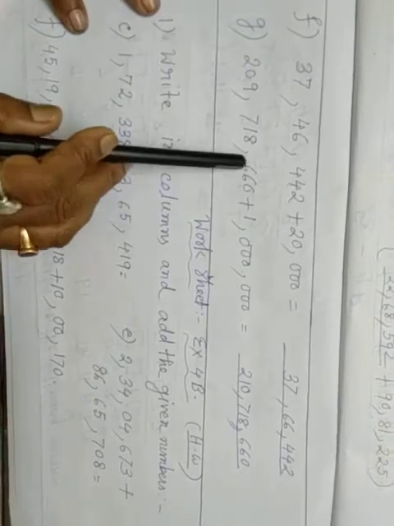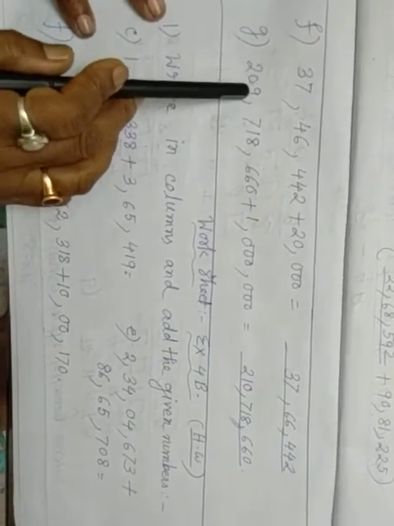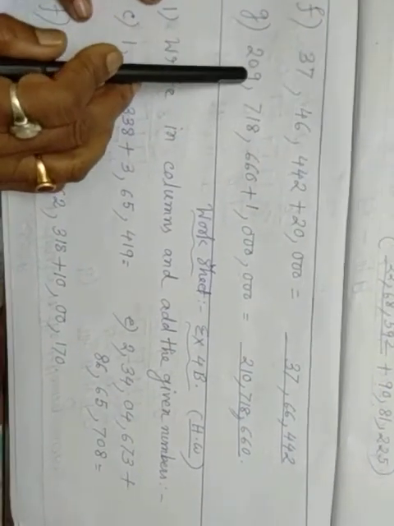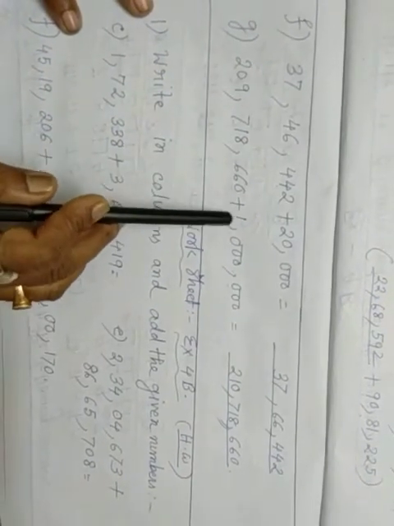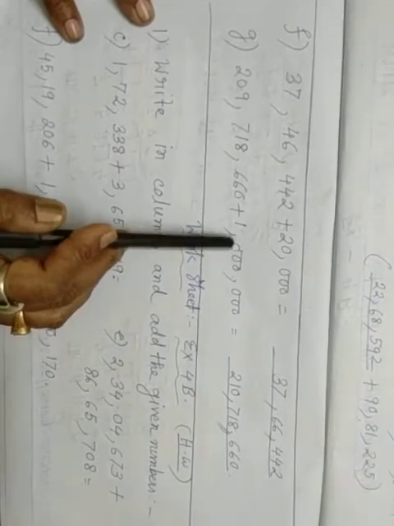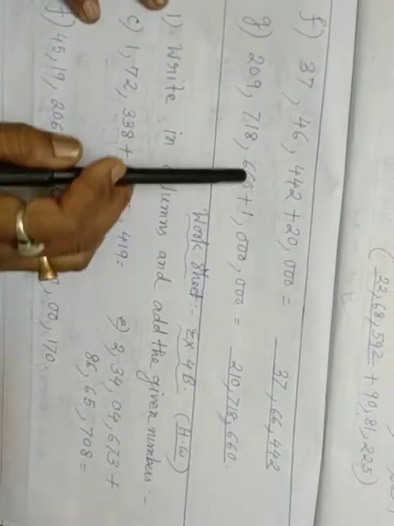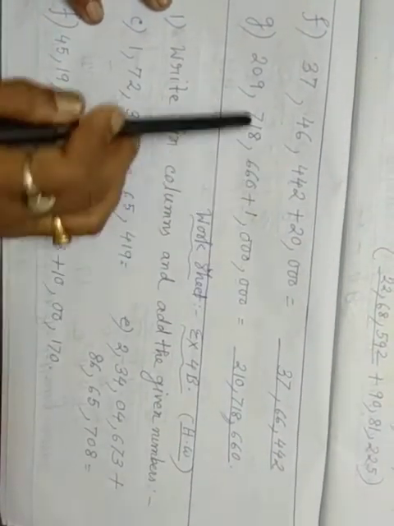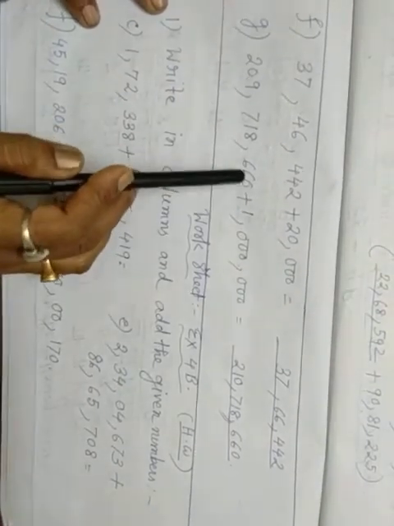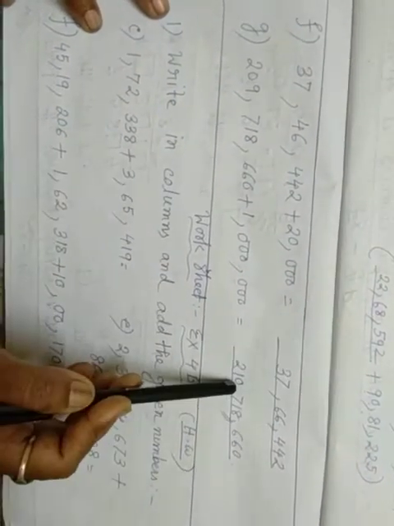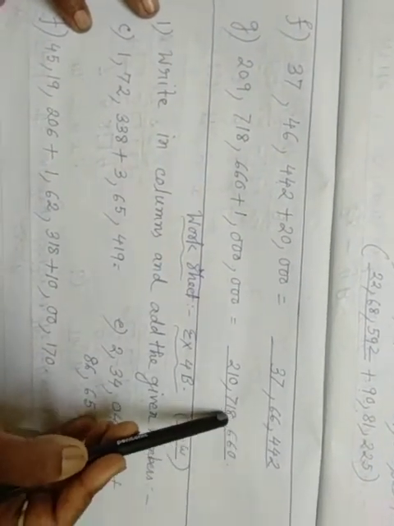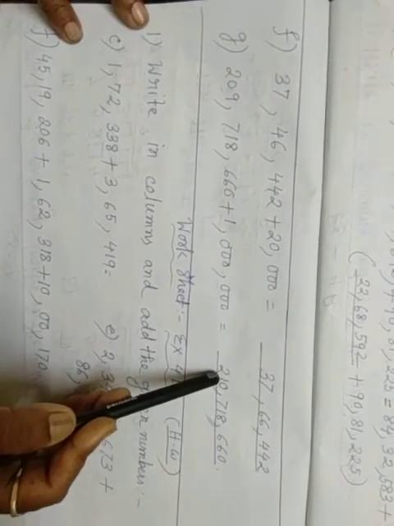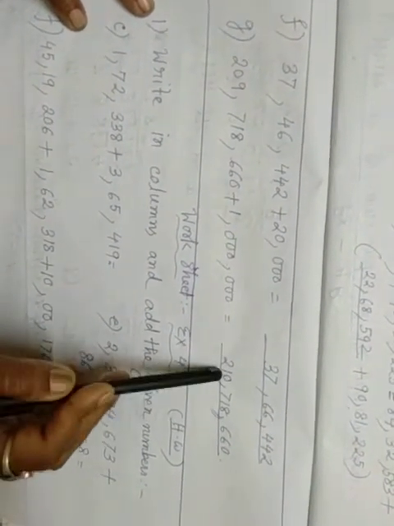Next, 209 million 718,660 plus 1 million. So add, and that is 210 million 718,660.